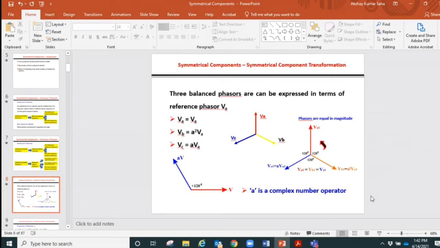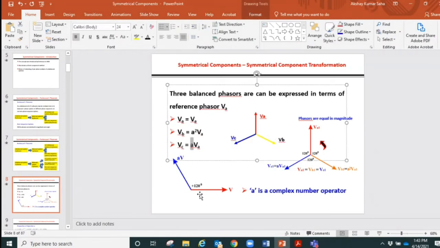So what happens when we apply the i or j operator on a phasor? That phasor will rotate anticlockwise by 90 degrees. In this case, a is also such an operator, called a complex number operator.